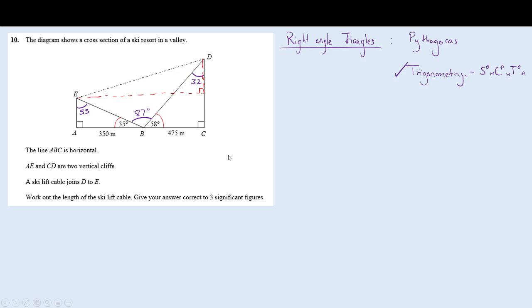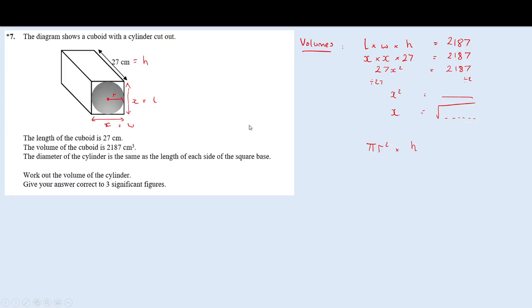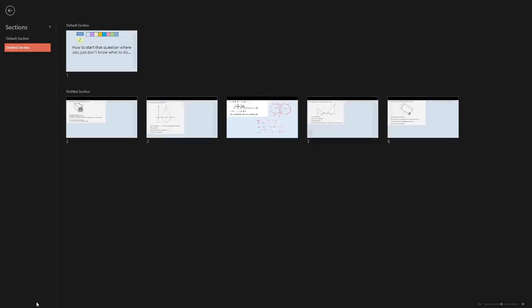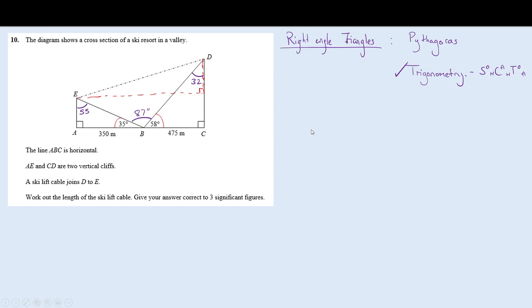So let's summarize a little bit so far. We have looked at three different things that we can do. We can think of what formulas we know to do with a particular topic. We've thought of what ways we can represent information. Can we use a two-way table or a Venn diagram? Can we draw a picture? And what information can I add to my diagram, or what bits of maths do I know that use what I can see in my diagram?